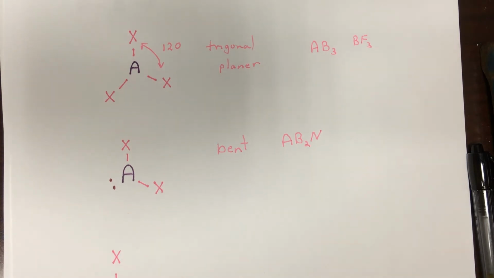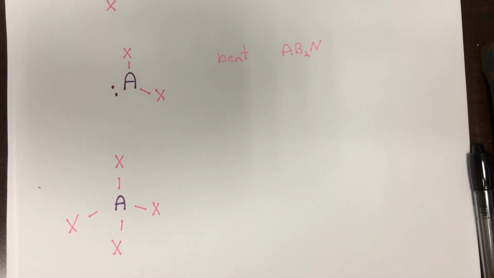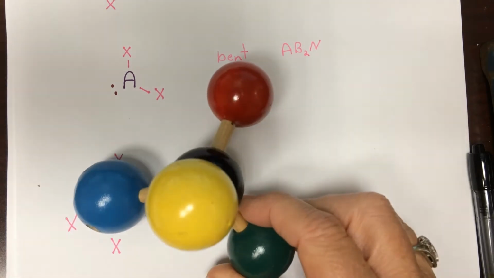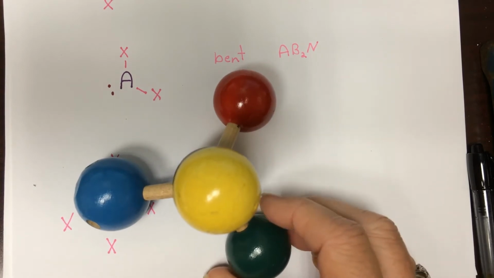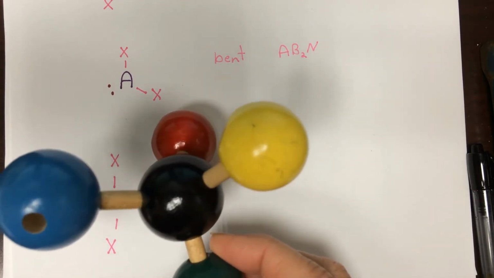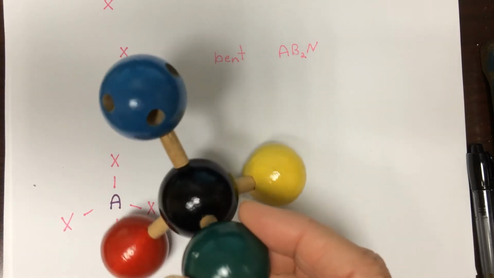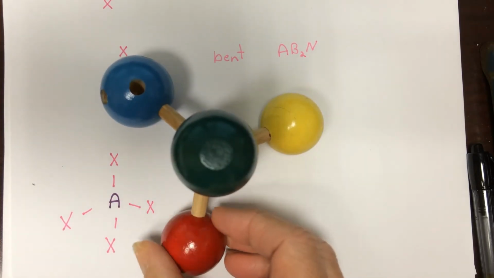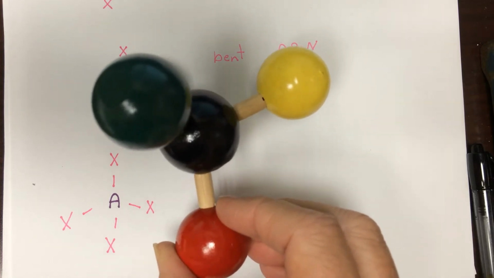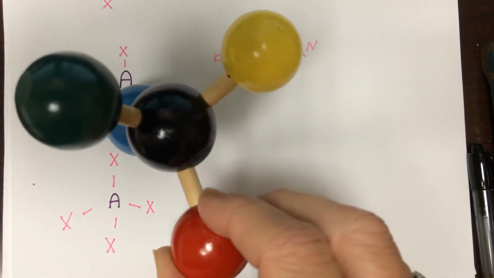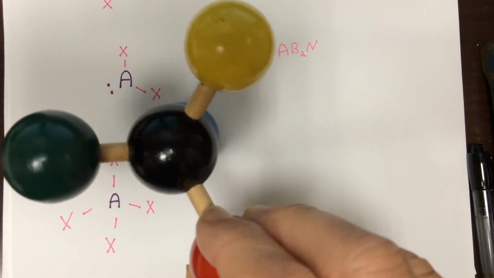What if we have an atom with four groups attached to it? The four groups will want to get as far apart from each other as they can, and we get this shape, which is a tetrahedron. Each of these atoms is 109.5 degrees apart from each other.